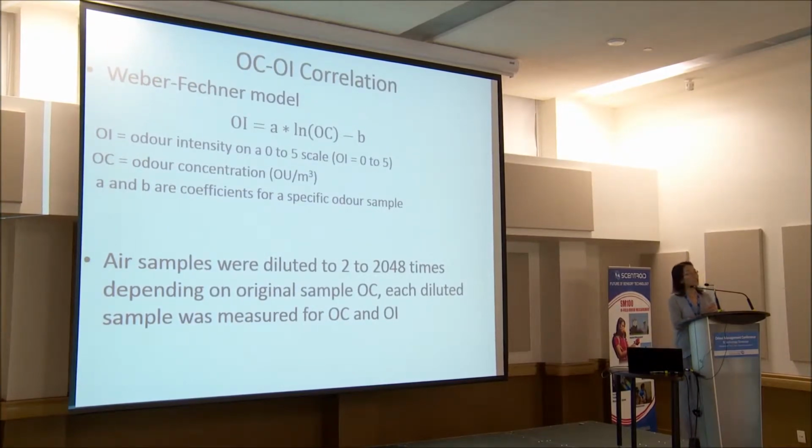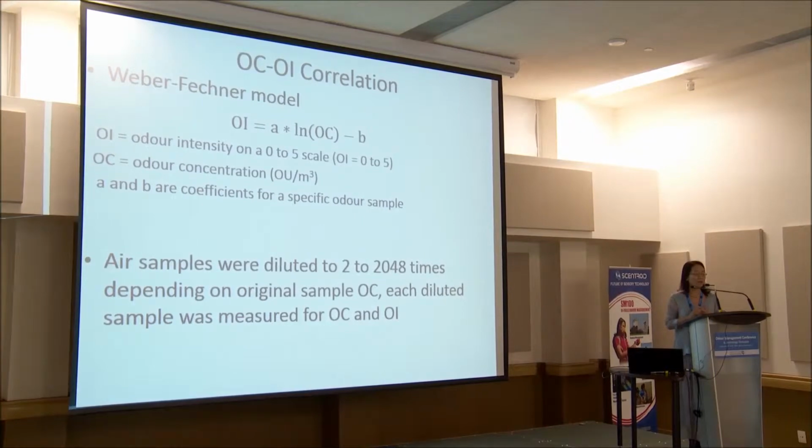And for getting the odor concentration-intensity relationship, what we need to figure out is the coefficients A and B in this OC-OI relationship. This is a commonly accepted OI-OC relationship. For each type of odor, A and B, those coefficients are different.